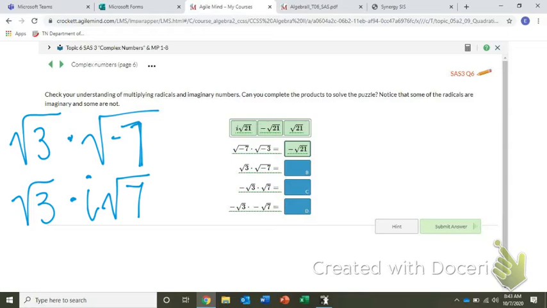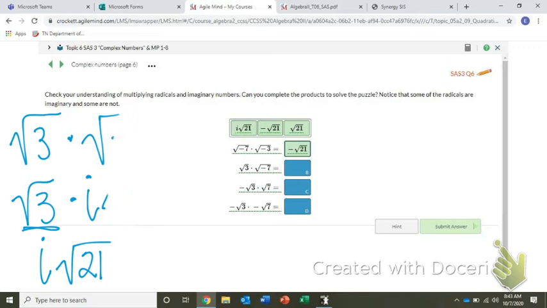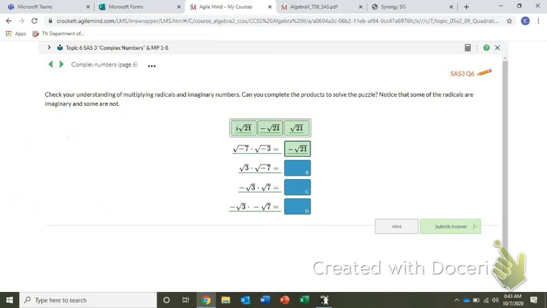What's the square root of 3 and the square root of 7? I'll just keep my i. This right here.